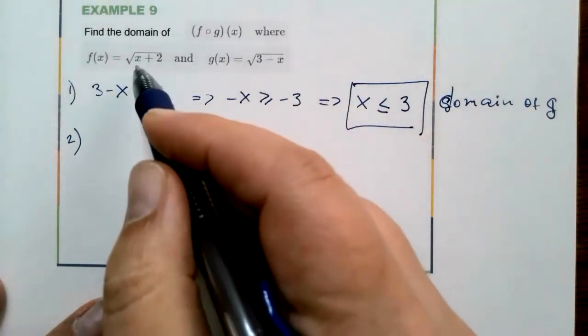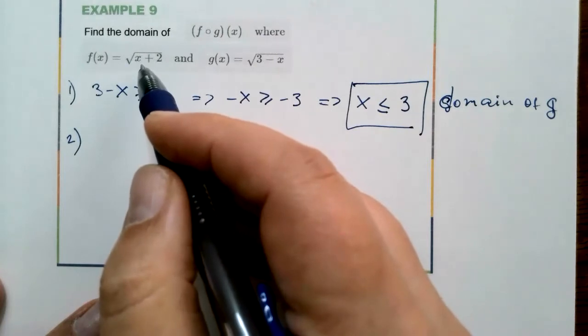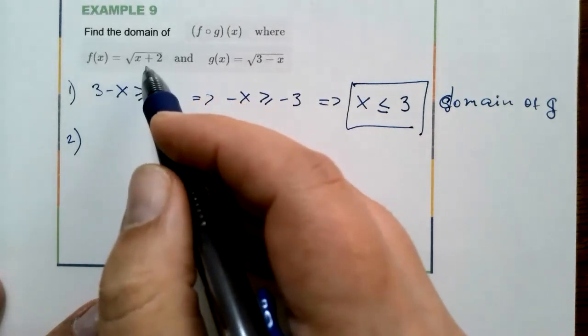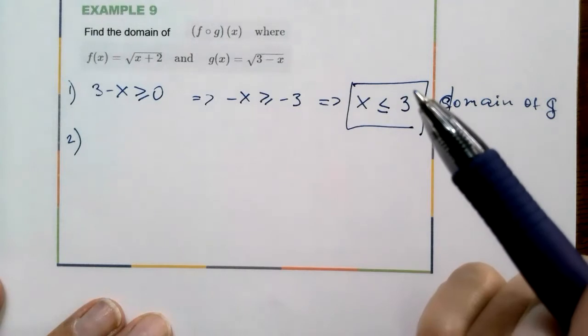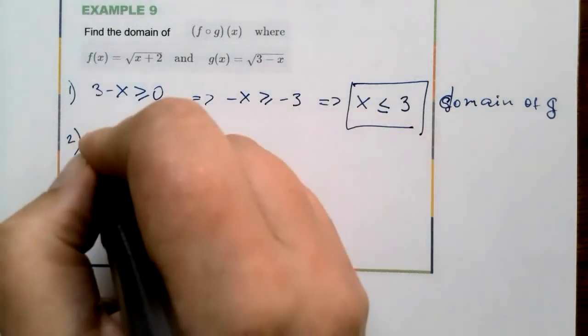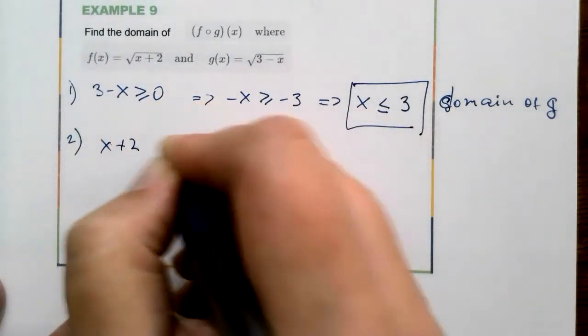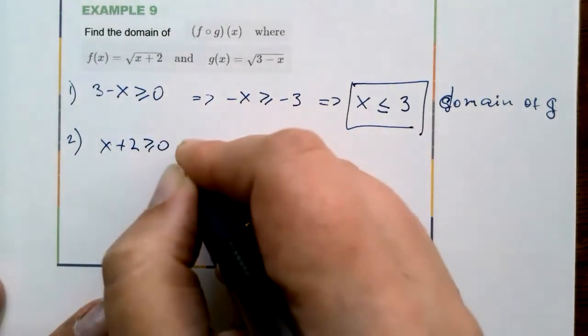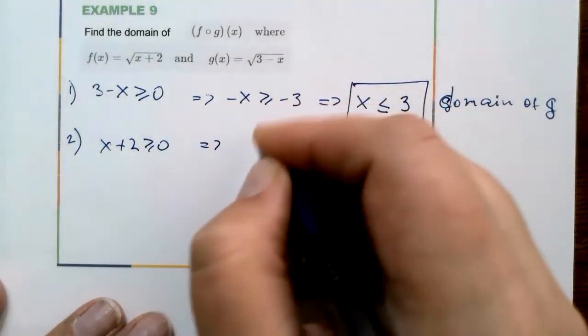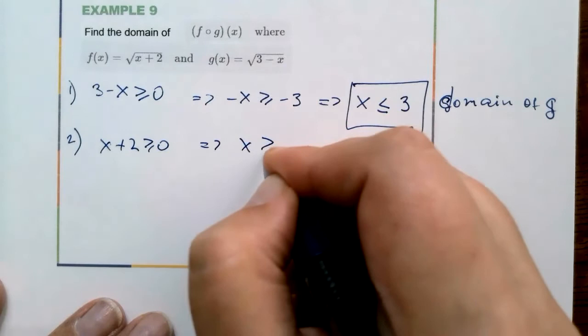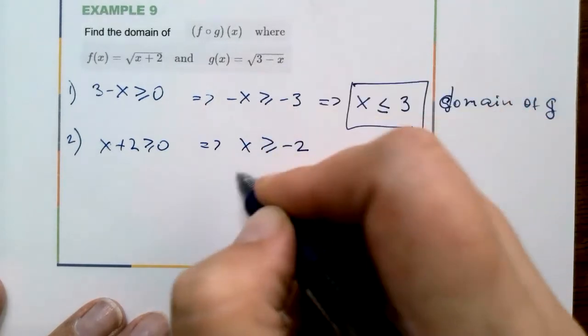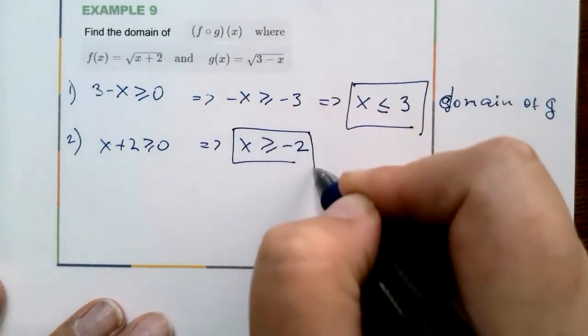Again, for the domain of f, we want the expression under the square root to be non-negative. So x plus 2 is greater than or equal to 0, and that gives us x is greater than or equal to -2.